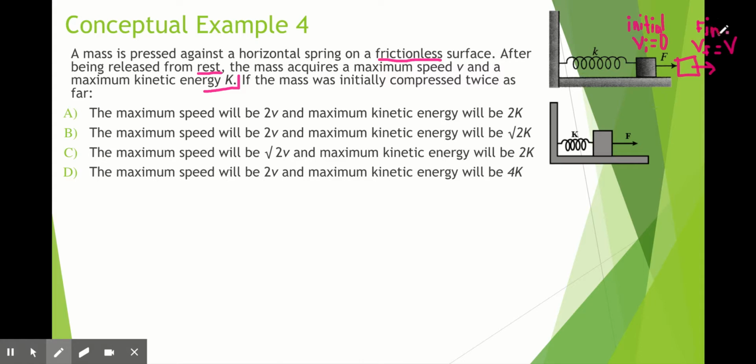the height of the object stays the same. So we can call the lowest path in the object's motion the 0 line, where h is 0. So h final of the object is 0, h initial of the object is 0.